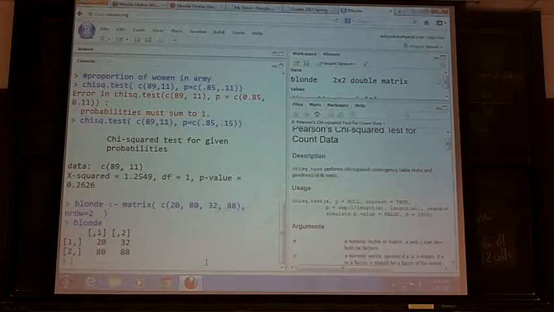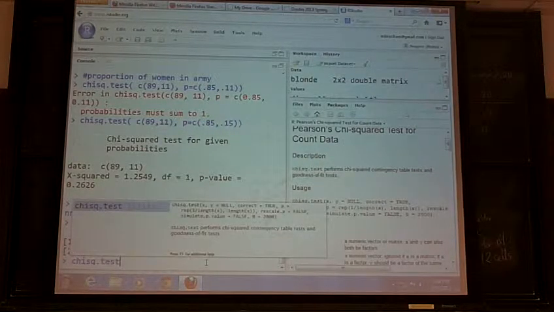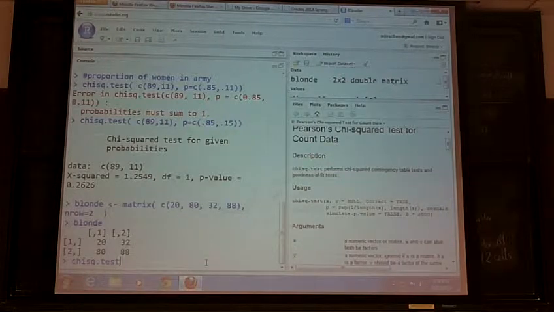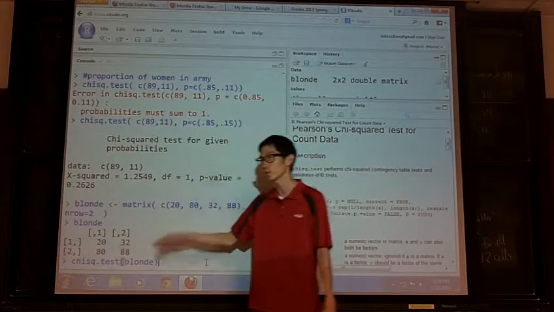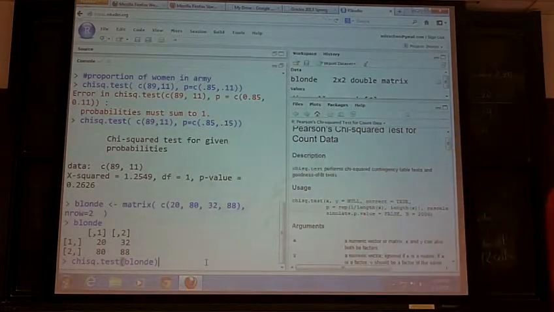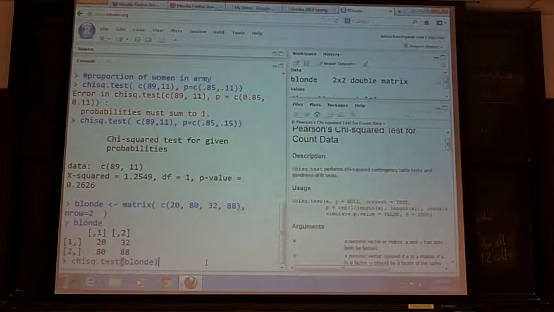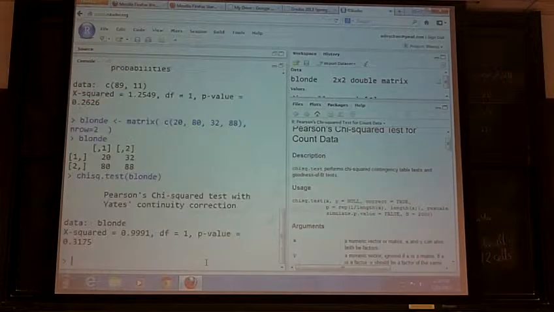And then if you give R the chi-squared test and I type in blonde, it's going to automatically know that I want to do a test for independence, to see if the proportions of each of these columns match up or don't match up.